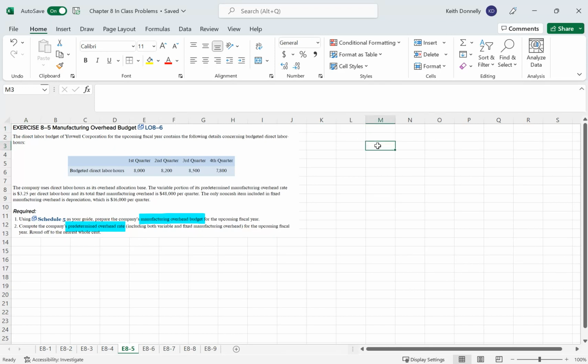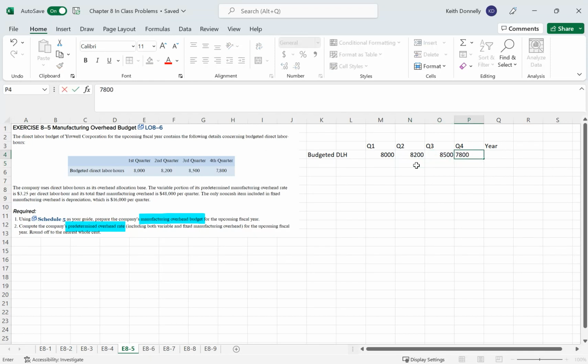Okay, so again, we have quarter 1, quarter 2, quarter 3, quarter 4, and for the year. We're dealing with manufacturing overhead here. We know that we're going to look at our predetermined overhead rate and our other items. So we're going to start here with our budgeted direct labor hours. We can just snag this right from over there: 8,000, 8,200, 8,500, 7,800.